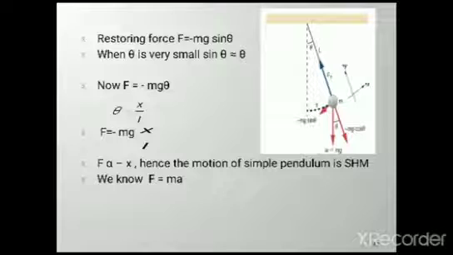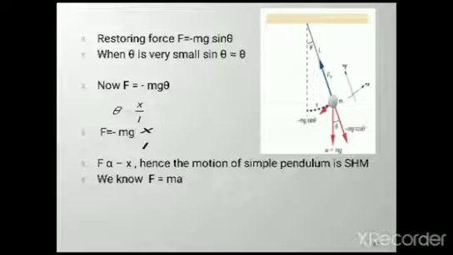Hence, as it satisfies both the conditions of simple harmonic motion, that is, force is directly proportional to displacement and force and displacement are opposite to each other, we can say that the motion of a pendulum is simple harmonic motion.